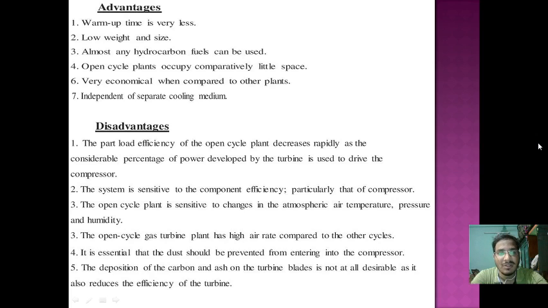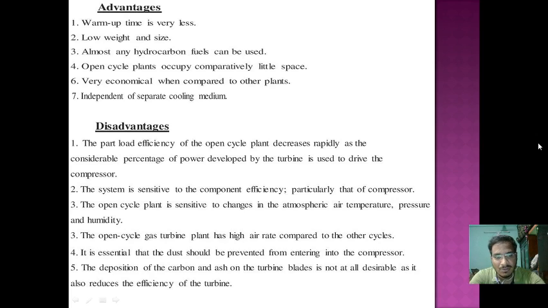Independent of separate cooling medium. A separate cooling medium is otherwise needed to control the heat energy from the inside of the cylinder and to secure the surrounding areas of the core of the reactor or gas turbine.